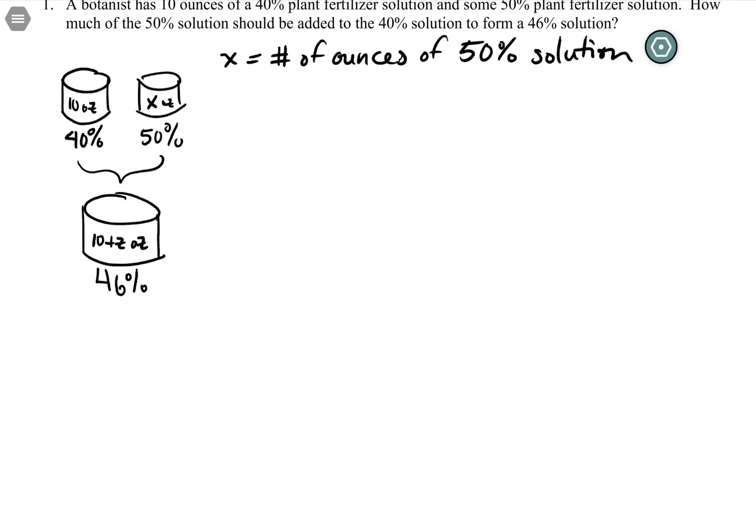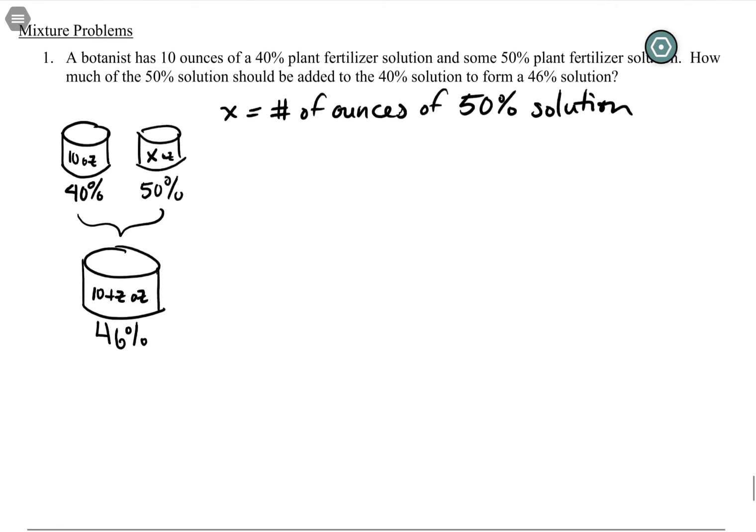The equation that we need to write isn't about the total amount of solution, it's about the total amount of fertilizer. So what we really have in here is we know that from the 40% solution, we get 4 ounces of pure fertilizer.